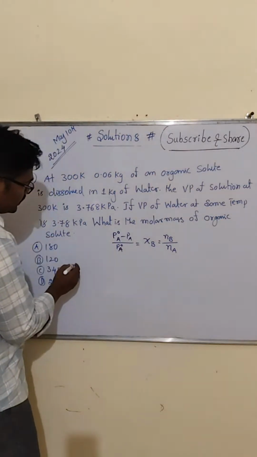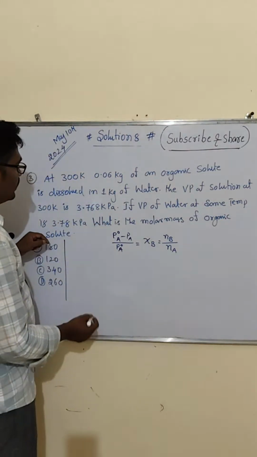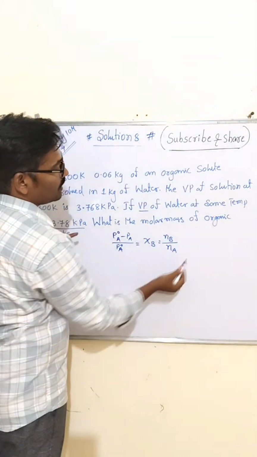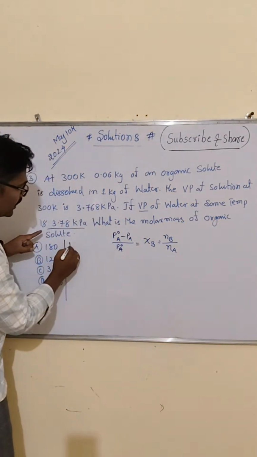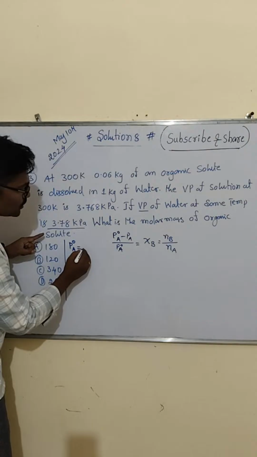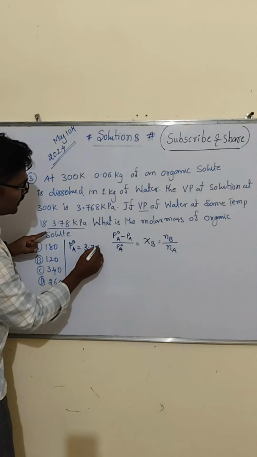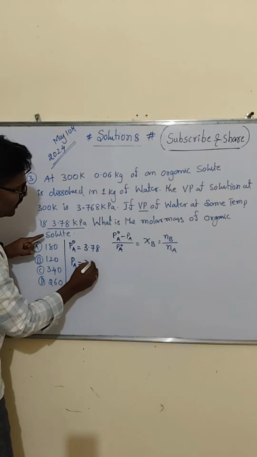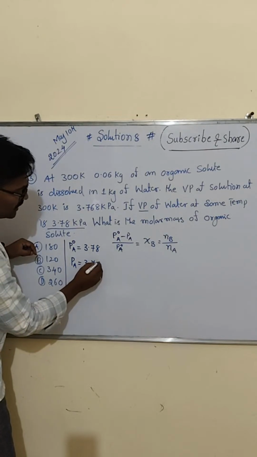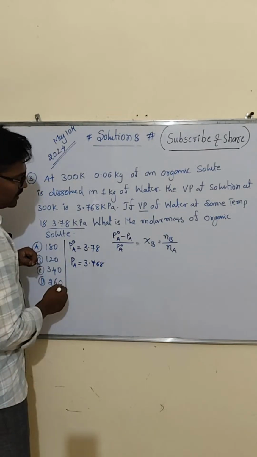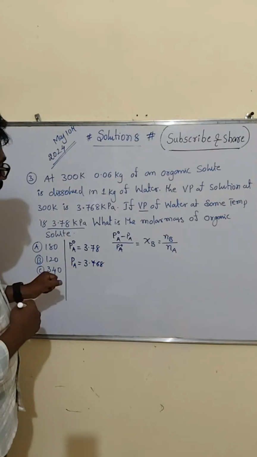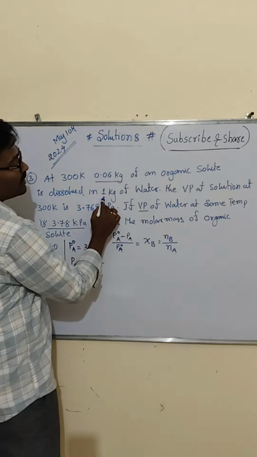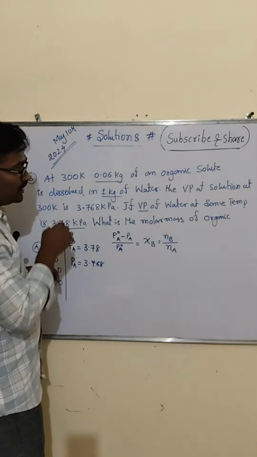In this question, P naught A is mentioned: the vapor pressure of pure water, P naught A, equals 3.78 kilopascals. PA of the solution is also mentioned, that is 3.768. The organic solute weight is mentioned, and the solvent weight is 1 kg.